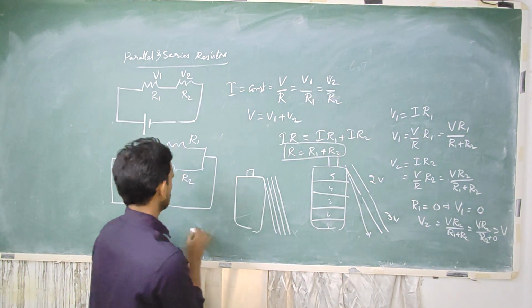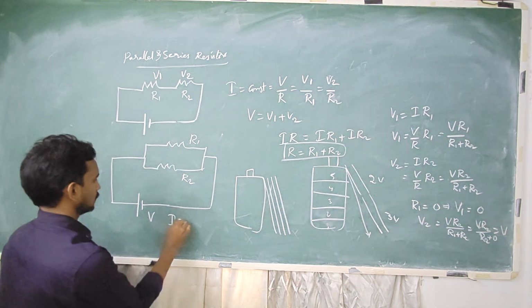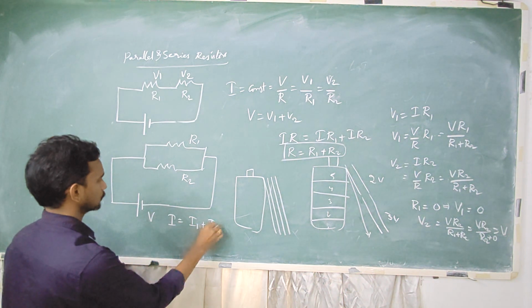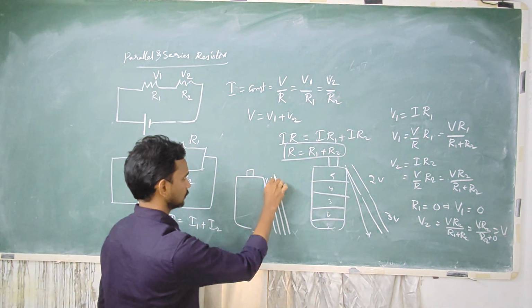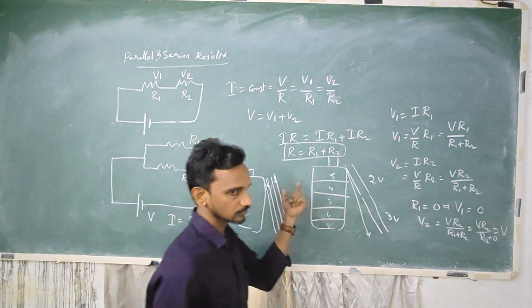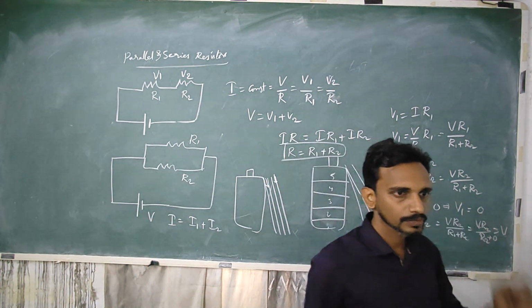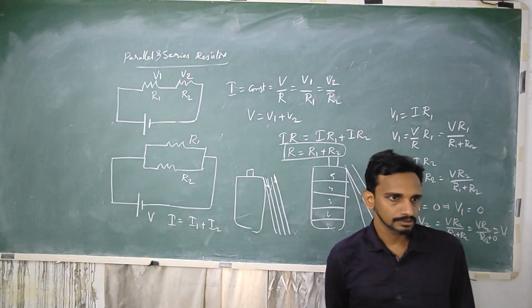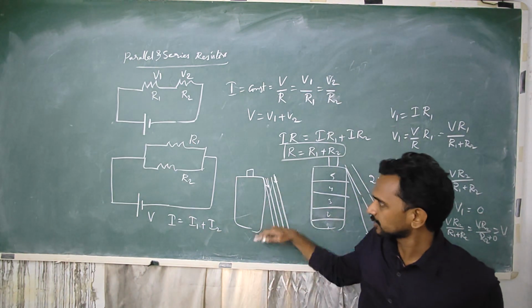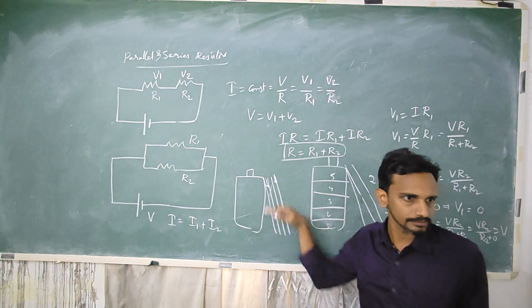So here I is equal to I1 plus I2. The total current will be divided. A fraction will be traveling through R1. Another fraction, the remaining part, will be traveling through R2. So current divides in a parallel combination and voltage remains constant. The potential difference between these two is constant.